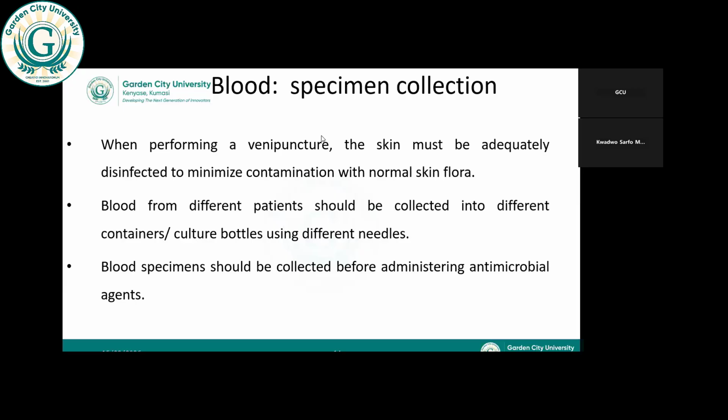Somebody is asking the difference between aerobic and anaerobic bottles. So the blood culture bottles, if the request is for aerobic and anaerobic, the anaerobic bottle has oxygen depleted.